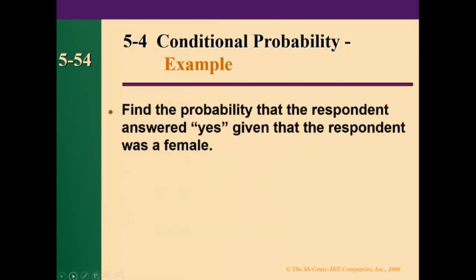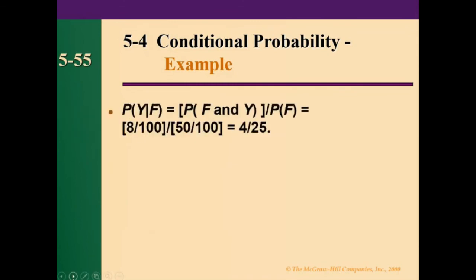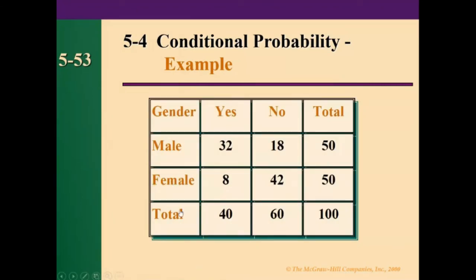Then the questions: find the probability that a respondent answered yes given that the respondent was a female. Let M be the respondent was a male, F the respondent was a female, Y the respondent answered yes, and N the respondent answered no. If the question is yes and female, that's 8 over 100, because 8 females said yes, divided by 50 over 100, because that is the probability of female. The total female is 50.